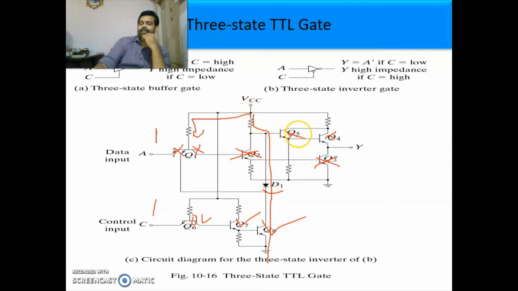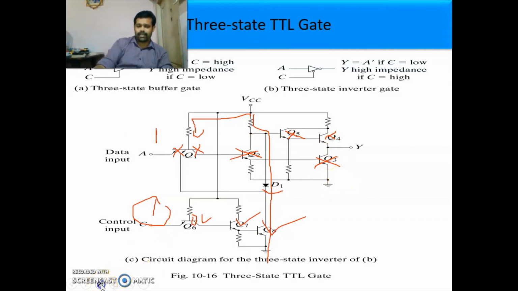The current flowing through Q5 is not enough to make Q5 on, and in turn Q4 is also off. So when C is 1, whether you provide the data input as 0 or 1, both transistors Q4 and Q3 are off.